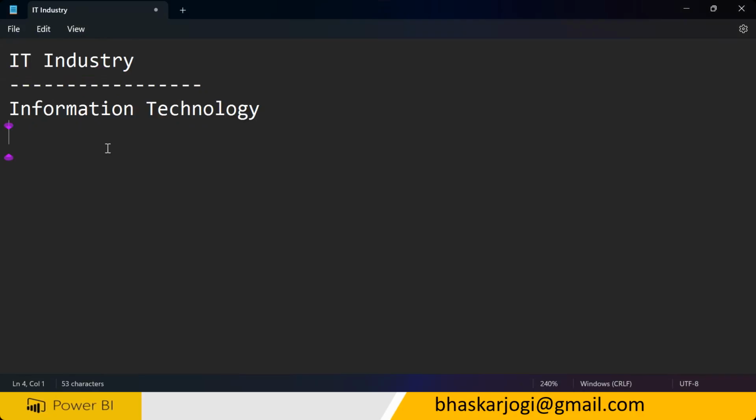Information means data; without data, information will not be retrieved or derived. So you should not say the IT industry produces software. The right answer is that the IT industry takes the data.